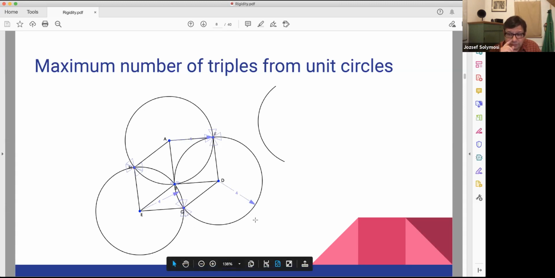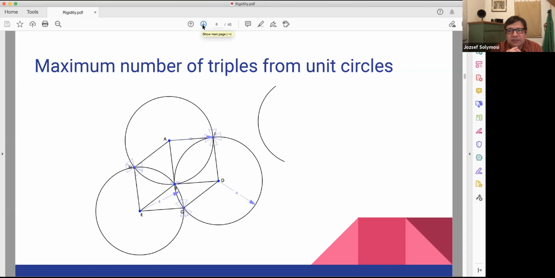There was a question of unit circles. But this is a wonderful problem, and I can't say much more about it. All I can say is that it's n to the 3/2.